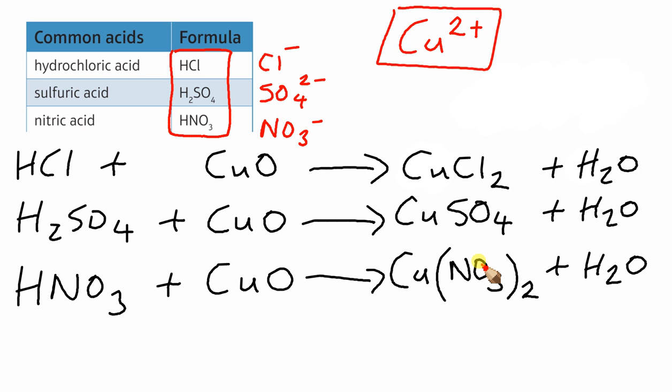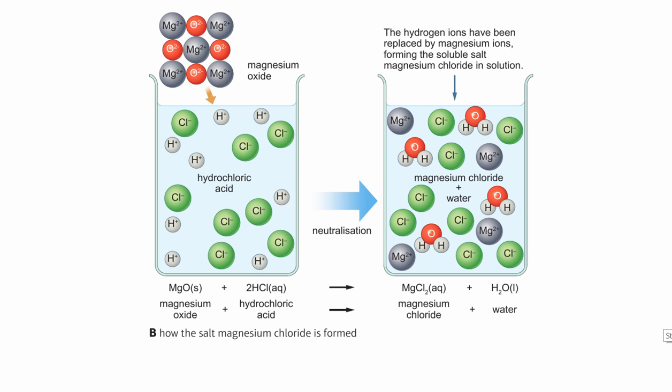Now I need 2 of these NO3 ions with their negative charge in order to balance the 2 positive charge. So that's written as copper nitrate. With practice you will get familiar with these, and there's another section in acids and bases that looks at balancing these neutralization reactions. So the final learning intention was to explain what happens during a neutralization reaction.